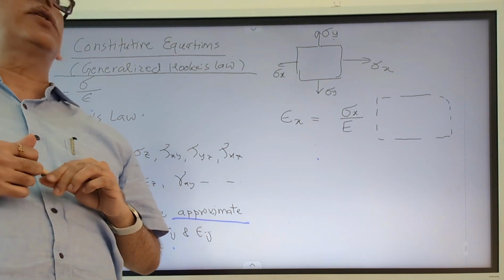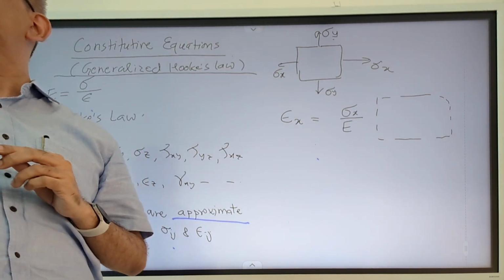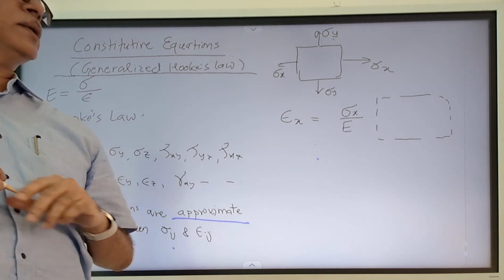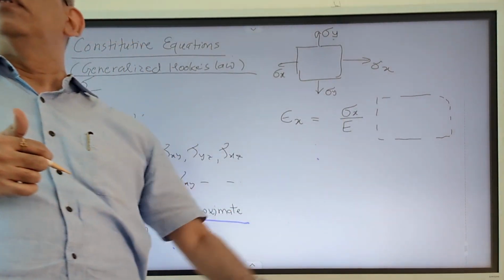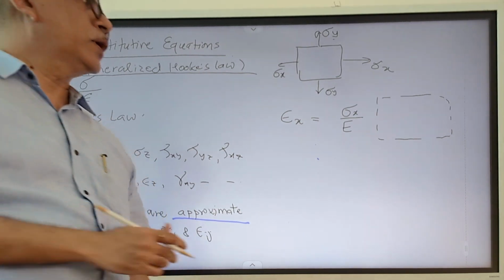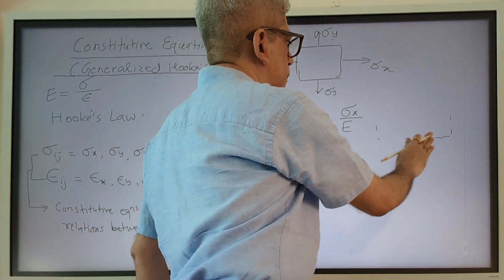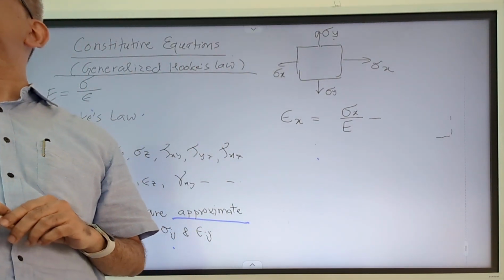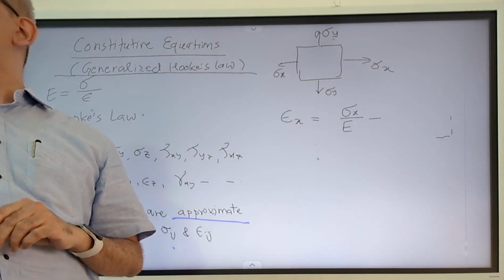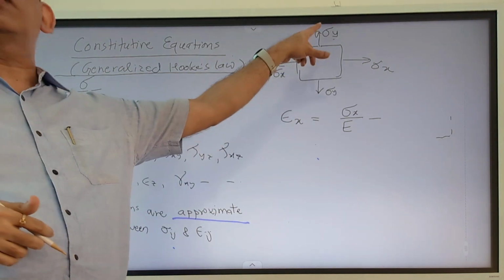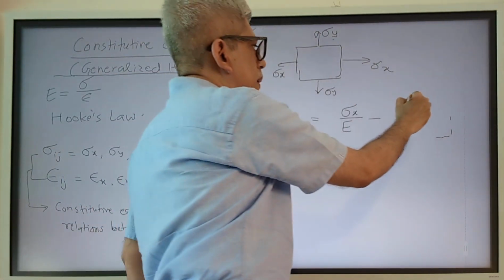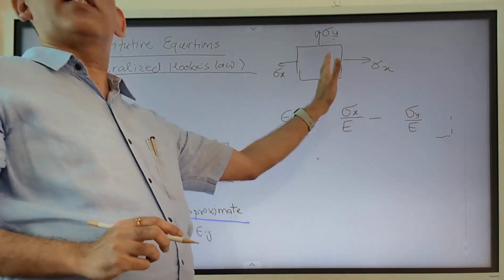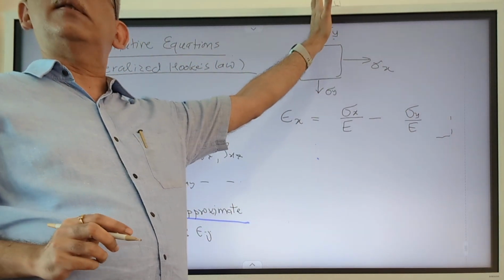So what is Poisson's ratio? It is a ratio of lateral to longitudinal strain. So how do you calculate this particular component? It will be subtraction. That's right. The strain in the y direction in this particular case is sigma y by E. So that is the longitudinal strain in the loaded direction.